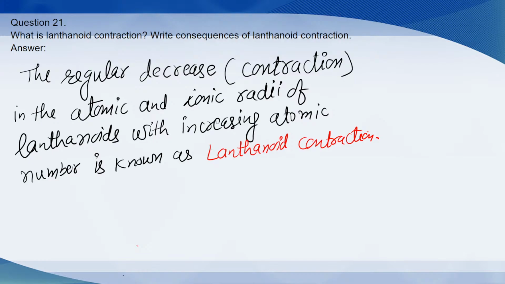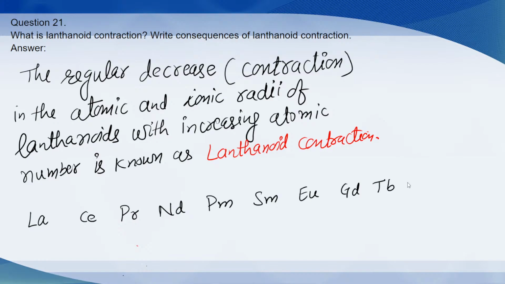The different lanthanoids start from lanthanum, cerium, praseodymium, neodymium, promethium, samarium, europium, gadolinium, terbium, dysprosium.